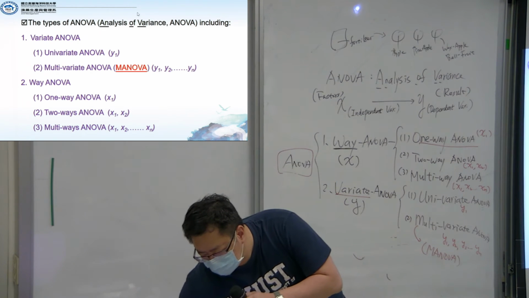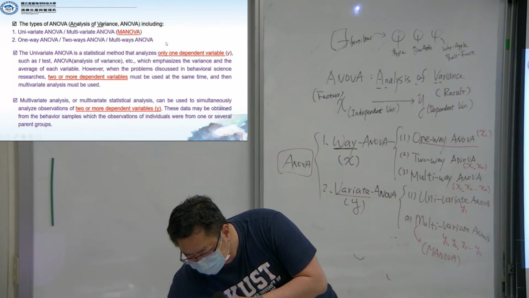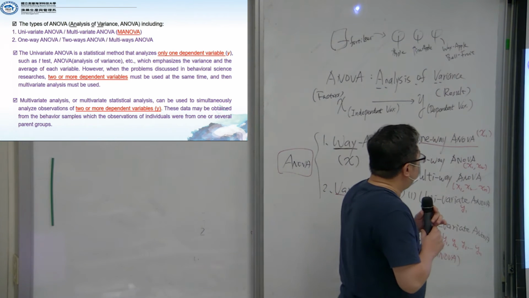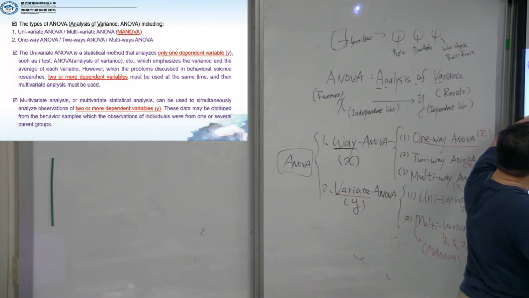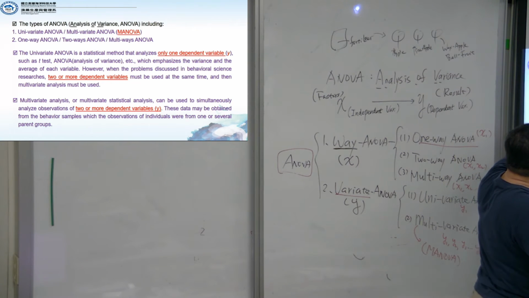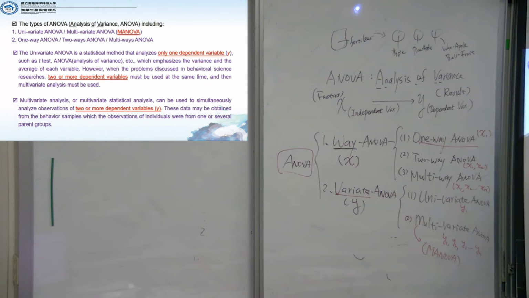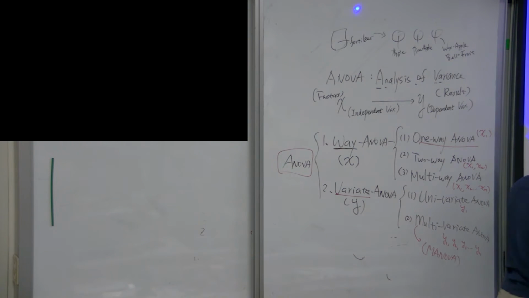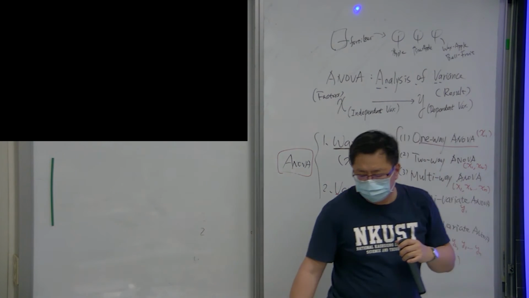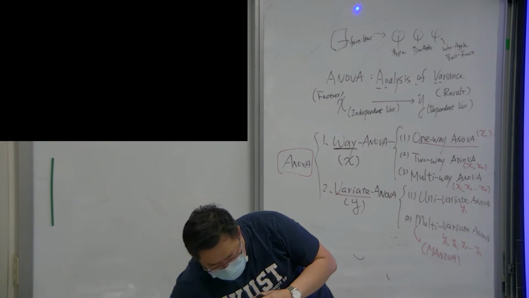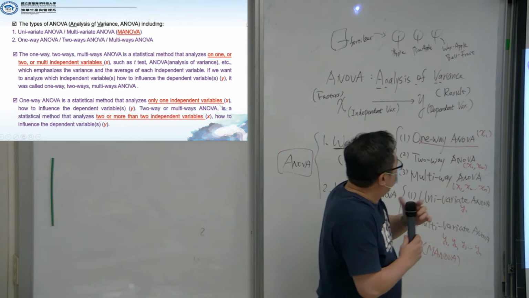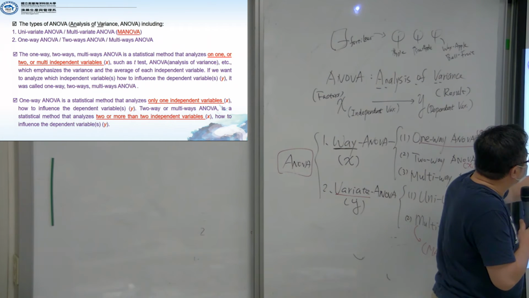For example, I give you the example. Okay, let me read about this. The univariate ANOVA is a statistical method that analyzes only one dependent variable. One way, right?